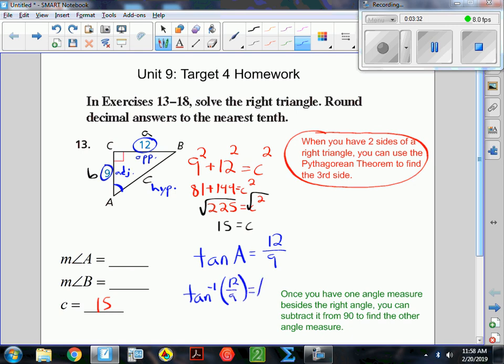That's going to equal A. So I'll take my calculator, type second tangent of 12 over 9. And I got 53.13 degrees. A equals 53.13 degrees. Now it says round to the nearest tenth, so we'll say 53.1.